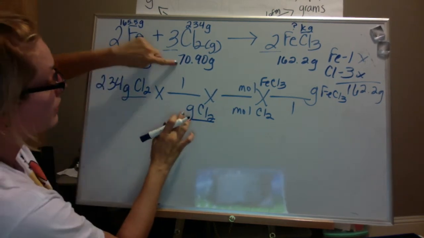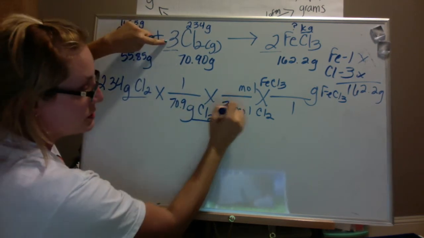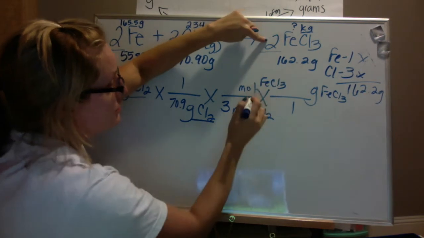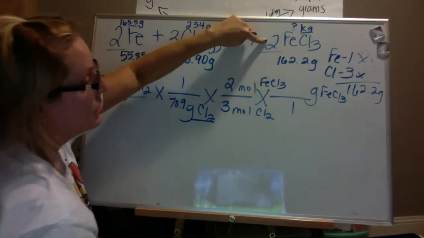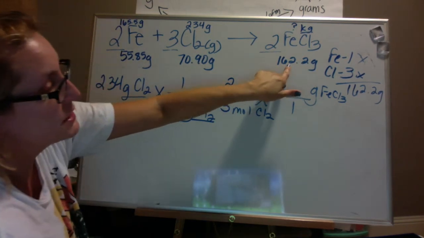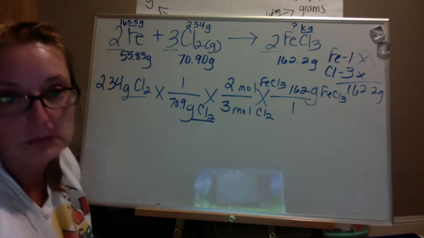So now I can plug in my number. The mass of chlorine is 70.9. His coefficient is 3. I'm going to FeCl3. His coefficient is 2. And then the mass of FeCl3 is 162. I'm just using the whole number right there, okay?